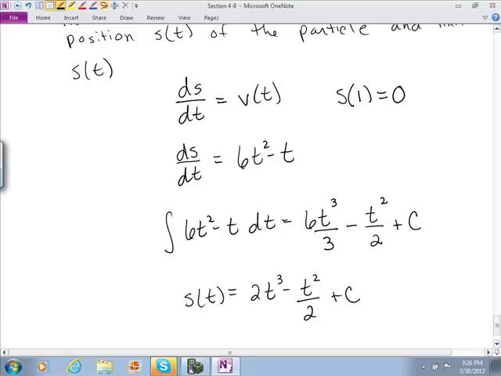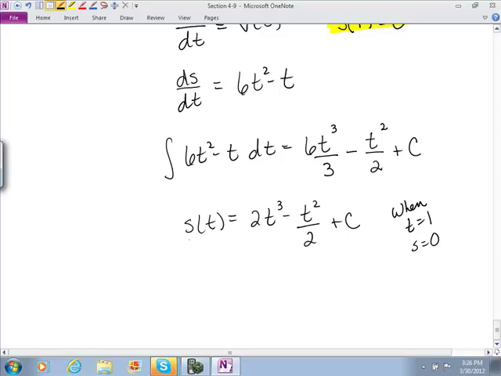But you have enough information to figure out what c is, because you know that s of 1 is equal to 0. So when t equals 1, s equals 0. So you can plug that in. So s of 1 is equal to 0, so 2 times 1 cubed minus 1 squared over 2 plus c.